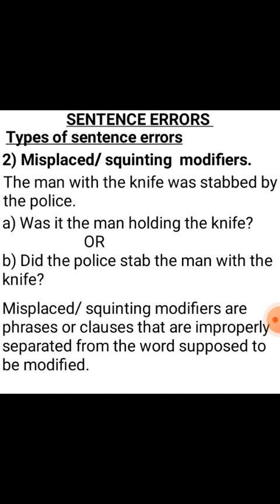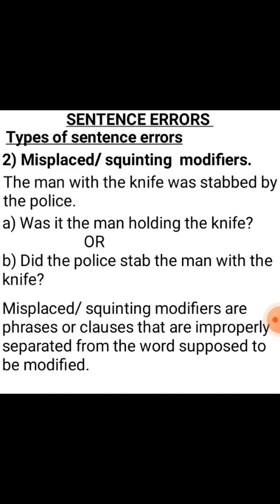Okay, so if we've gotten the first type of error, let's move to the second type, which is misplaced or squinting modifiers. So misplaced modifiers can also be called squinting modifiers. Why is it called misplaced or squinting modifiers? The man with the knife was stabbed by the police.